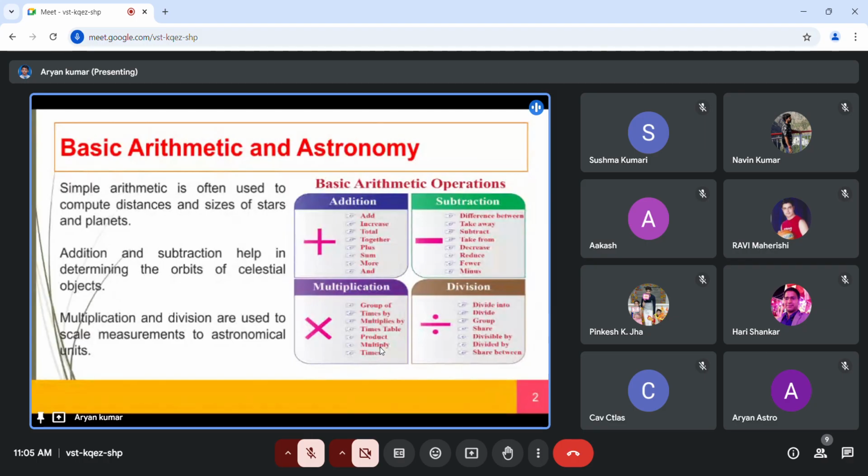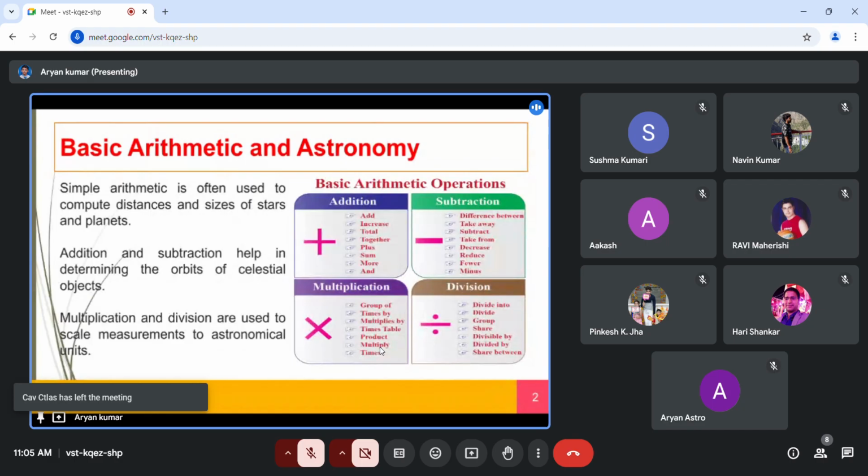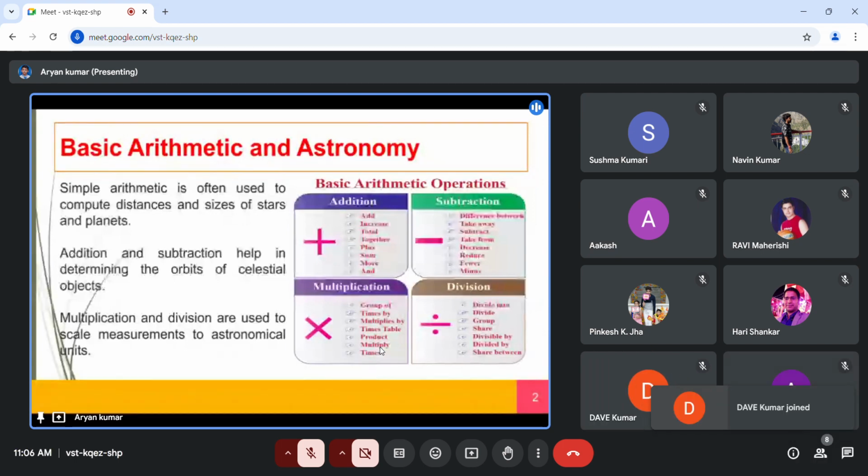If everybody here knows the mass of the sun, it is about 2 multiplied by 10 raised to the power of 30 kg, which is an application of multiplication to grasp the scale of measurement. So yeah, everybody here knows.